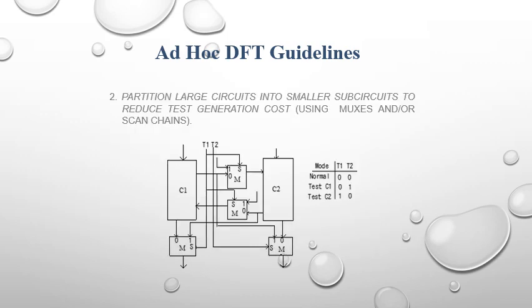Ad hoc DFT guidelines. The second point is to partition large circuits into small subcircuits to reduce test generation cost, using muxes and reducing scan time. Yes, we separate large blocks into smaller subcircuits, then it is easier to test each and every part and reduces the risk also.